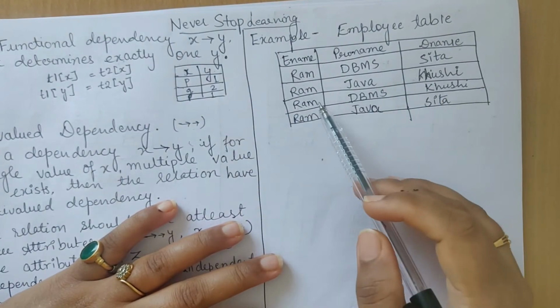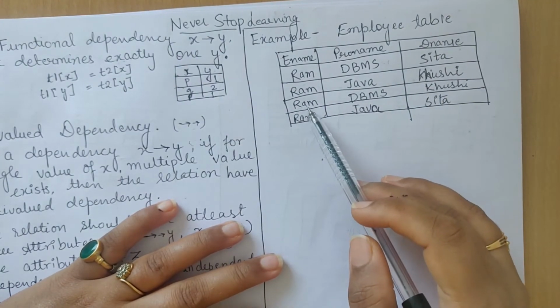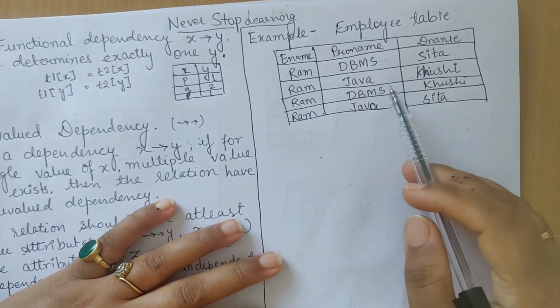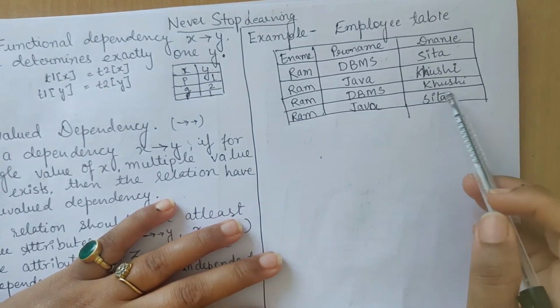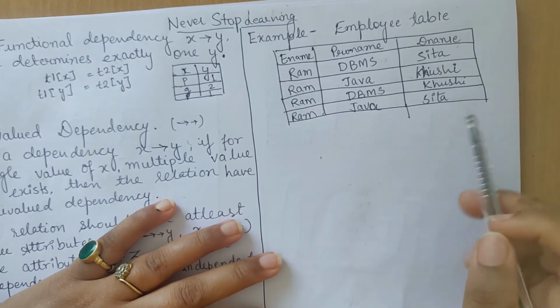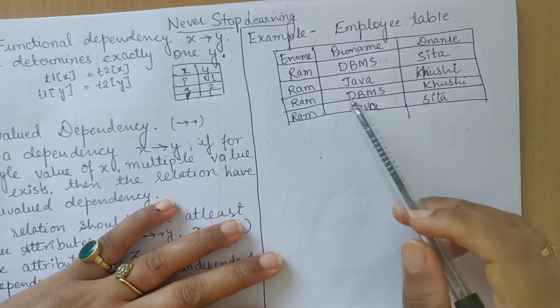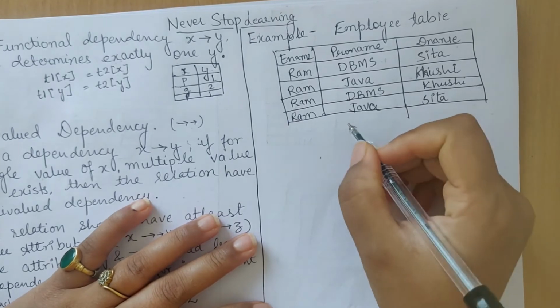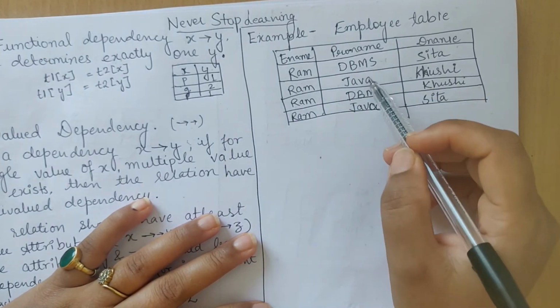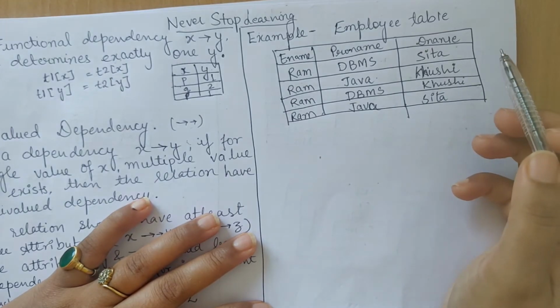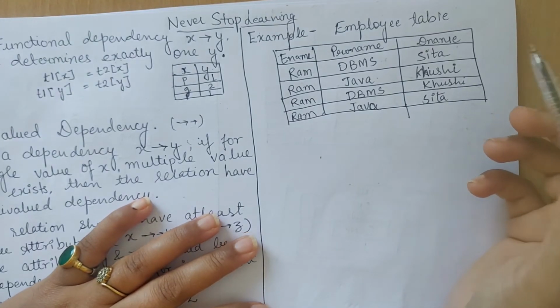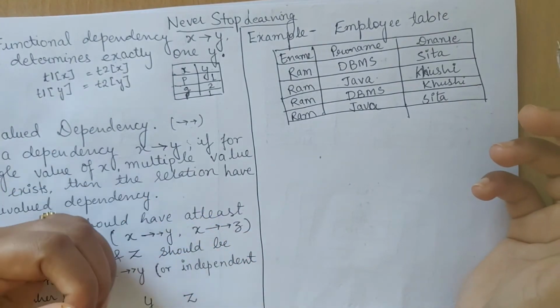Now let us suppose I have another Ram in the same company who works for DBMS and Java, and for this Ram, Khushi is the wife and Sita is the daughter. So basically there is a multi-value here. For this Ram there are 2 values for project and 2 values for dependent, and it is quite possible that a person can have more than one dependent, right?